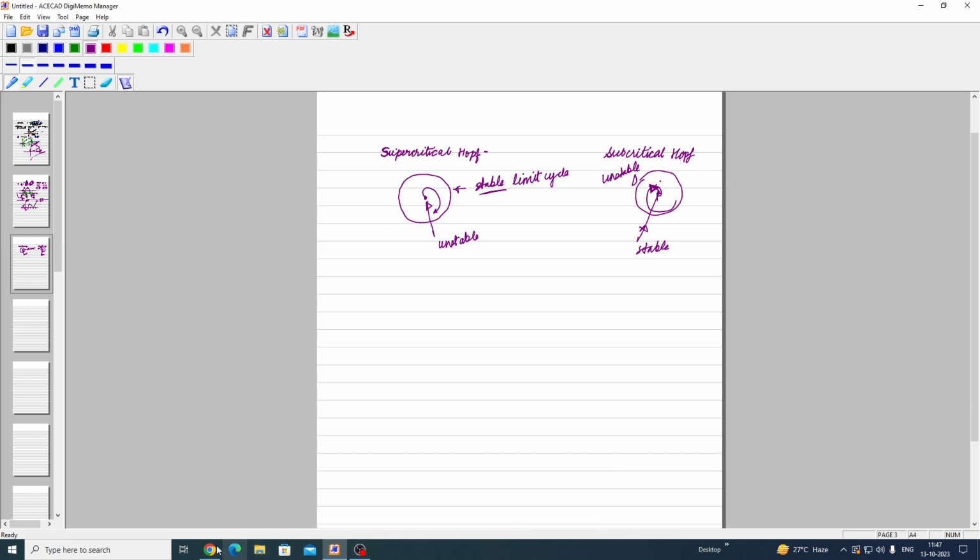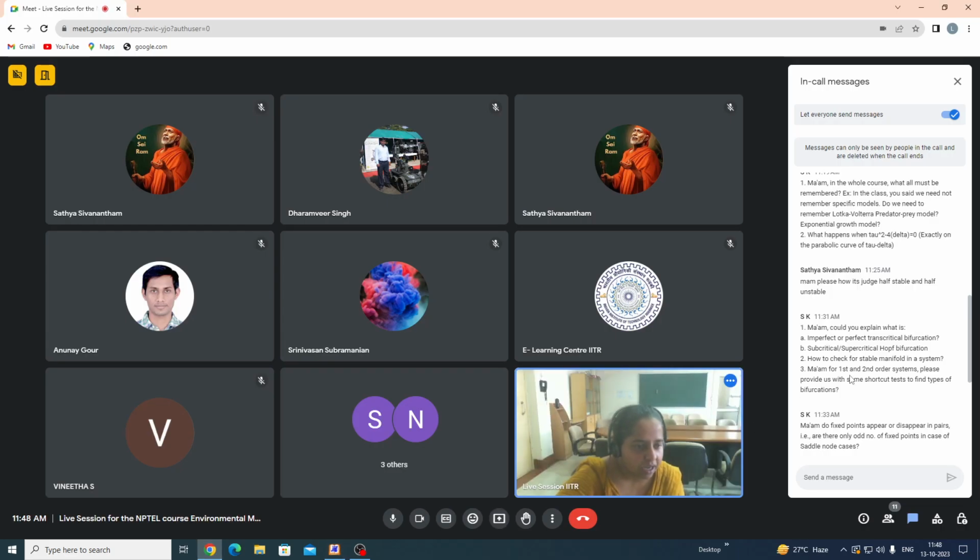Let's take other questions. How do you check for a stable manifold in a system? I think the stable manifold example I gave was when we were talking about one of the Lotka-Volterra models.